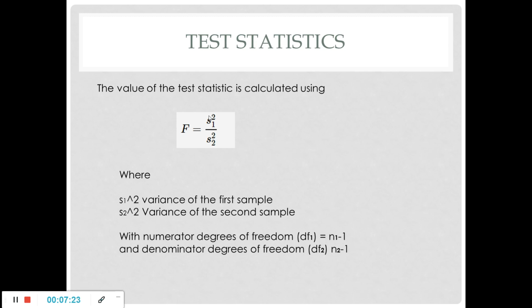Both these variances are associated with specific degrees of freedom. Since S1 square is in the numerator, the degrees of freedom associated with it are known as the numerator degrees of freedom, that is n1 minus 1, and the degrees of freedom associated with the denominator variance are called the denominator degrees of freedom, which is n2 minus 1.